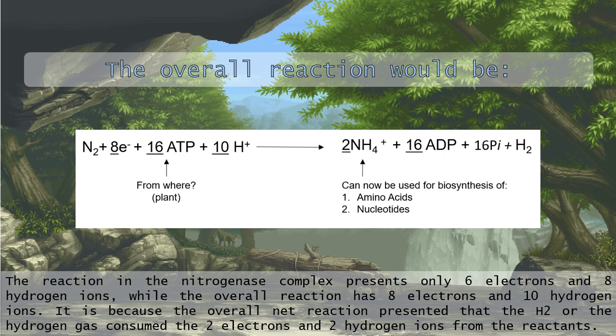The reaction in the nitrogenase complex presents only 6 electrons and 8 hydrogen ions, while the overall reaction has 8 electrons and 10 hydrogen ions. It is because in the overall net reaction, the hydrogen gas produced consumed the 2 electrons and 2 hydrogen ions from the reactants.